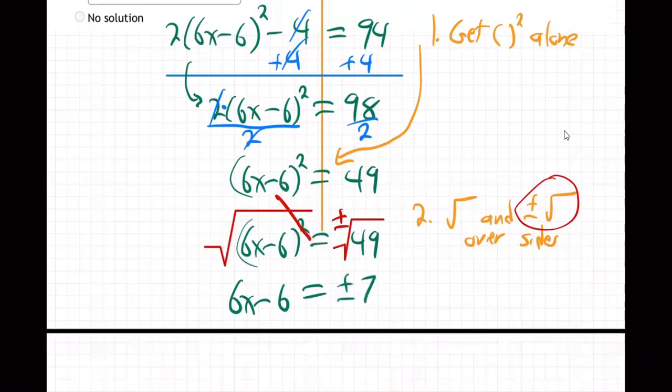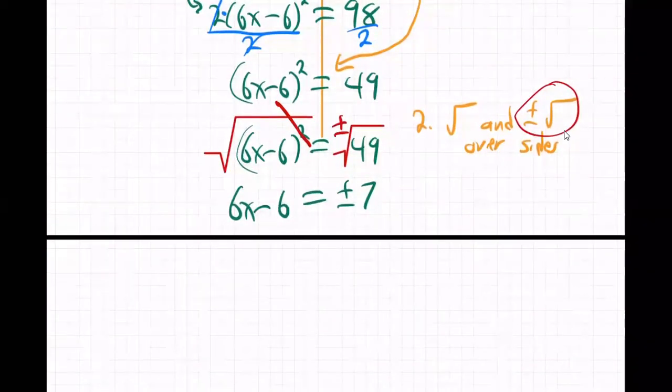So now we're not done, are we? We have more work to do because x is still not alone, but we have this plus or minus thing. When you have more work to do and you have plus or minus, which really means 2 things, you have to write 2 equations. That's what's next. Step 3.